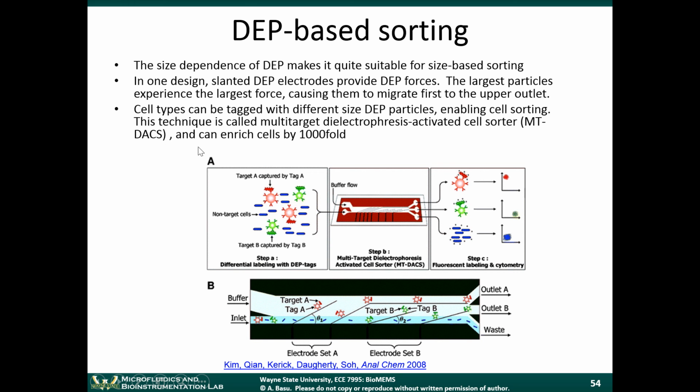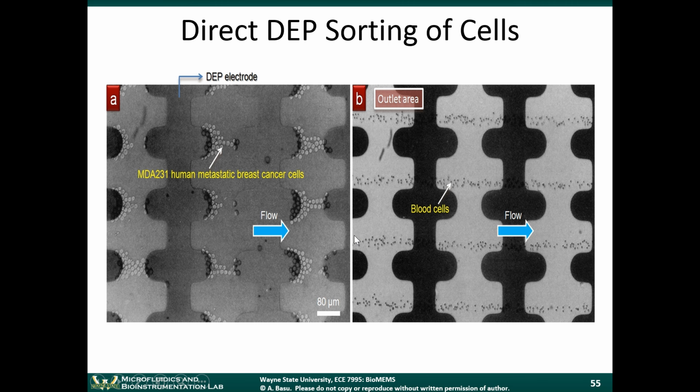They call this technique the multi-target dielectrophoresis activated cell sorter, and it was shown to be able to enrich the cells by 100-fold. Okay, so this was an example of where DEP is used to sort based on size.